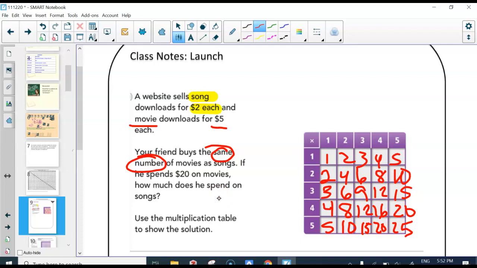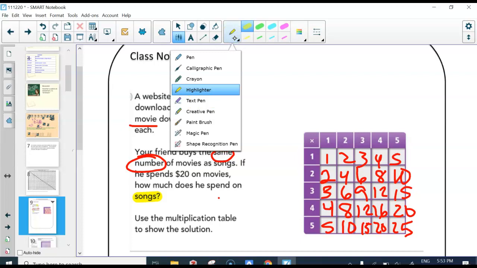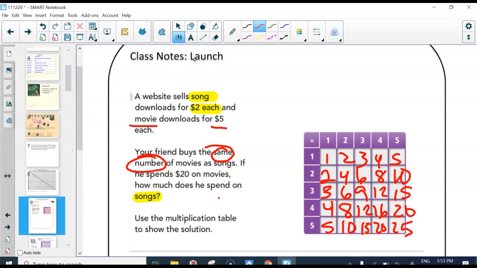Now watch what I'm going to do. Songs were yellow, my yellow highlighter, so I'm going to do songs. I don't know the amount, I don't know the number for songs. And I see $20 on movies. So for this one, I'm going to underline movies. Oh, I know how much he spends on movies. Now I can see right away that I know 20 for movies and I know songs, but I don't know the number. So I'm going to set up my ratio.